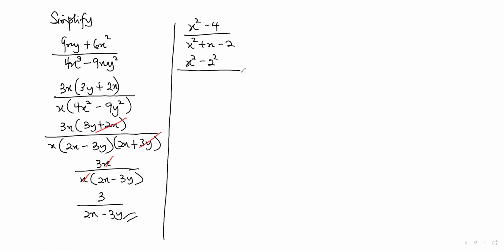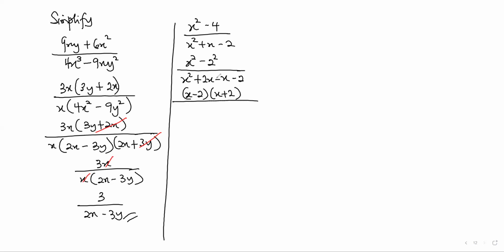The denominator is a quadratic trinomial, which is the same as 1 times negative 2. Factors of negative 2 are 2 and negative 1. So we can write this as x squared plus 2x minus x minus 2. And the numerator is x minus 2, x plus 2.